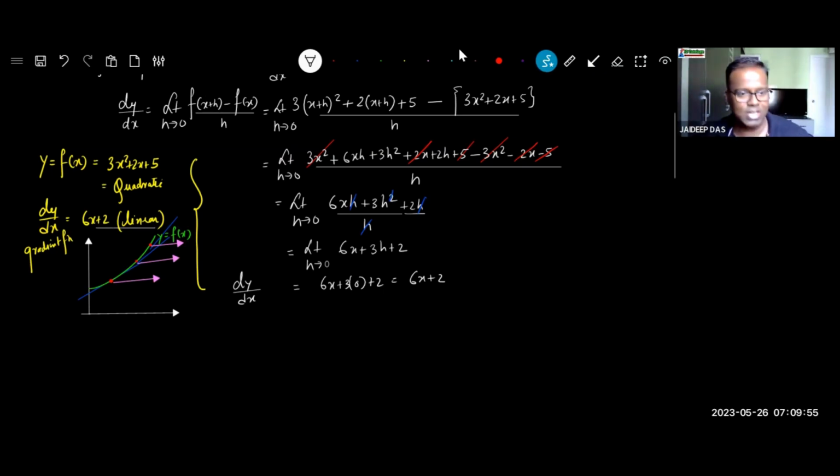The tangents are coming out from the gradient function itself. What is the gradient function? Okay, let me tell it once again to you. Hear me very carefully. Gradient means slope. For a line, slope is constant. For a curve, slope is not constant. So I will be able to give you a gradient function.